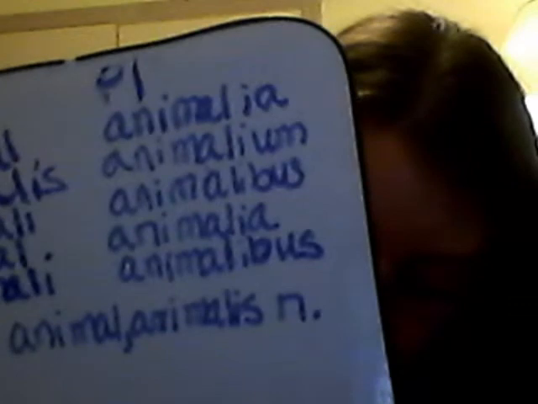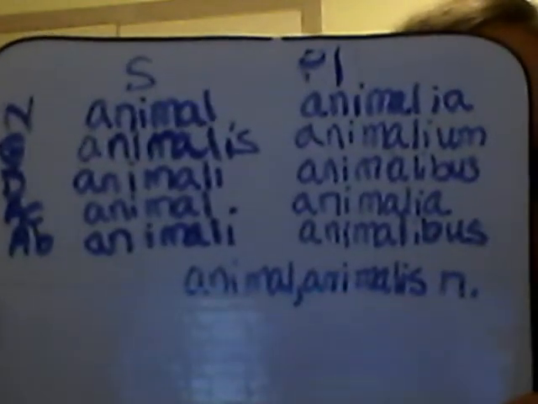So in the singular, it goes animal, animalis, animali, and then, oh, sorry, I didn't write down the ablative. Hold on. Here we go. So it's animal, animalis, and the dative is animali. The accusative is animal, just like in the nominative. And then the ablative is animali.